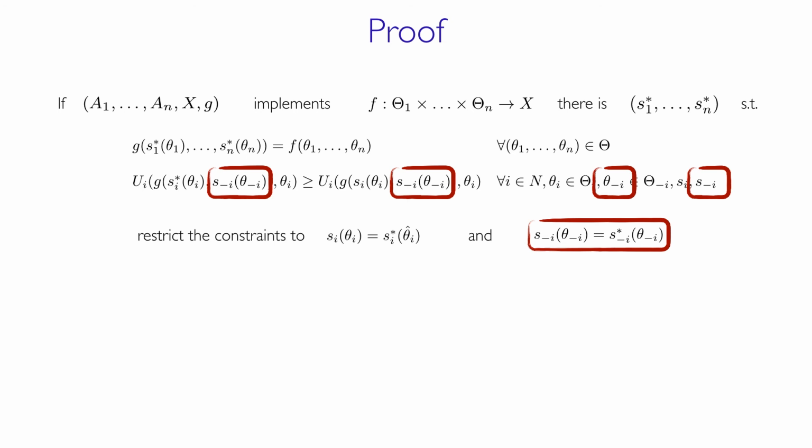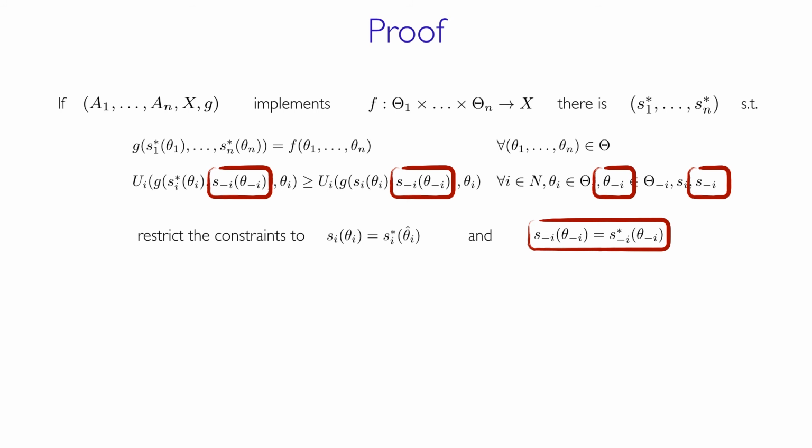The second restriction is similar, and it is related to the opponents of player i. More precisely, instead of requiring the optimality for every strategy S of the opponents, we focus only on the strategies S star that are optimal for a type profile. This is obviously a subset of all the strategies of the opponents.